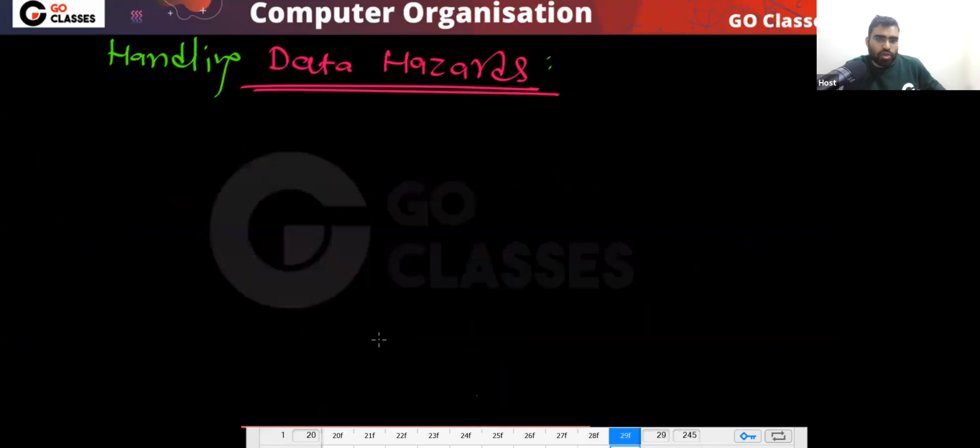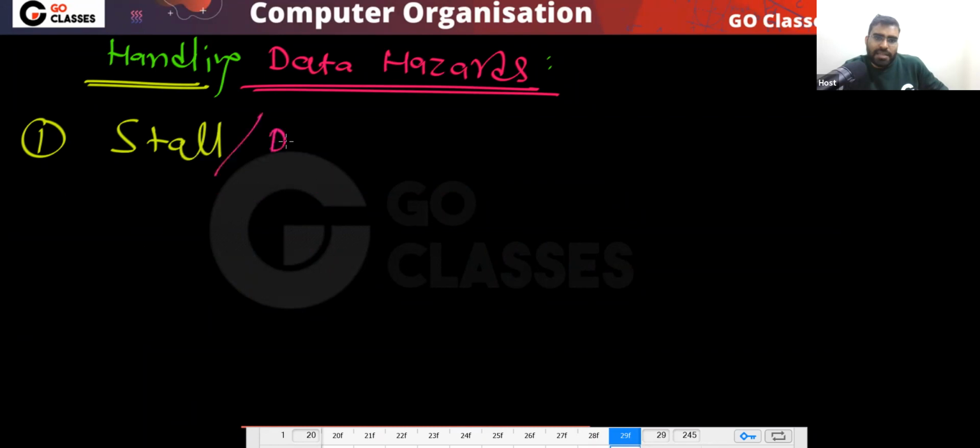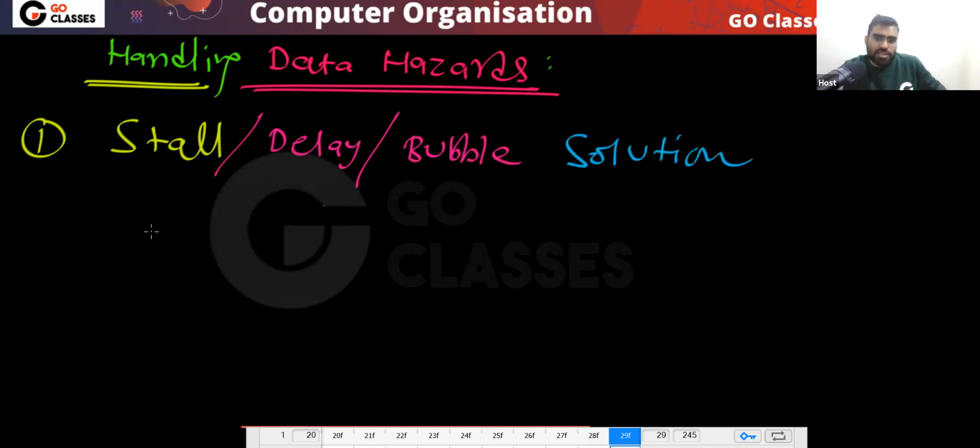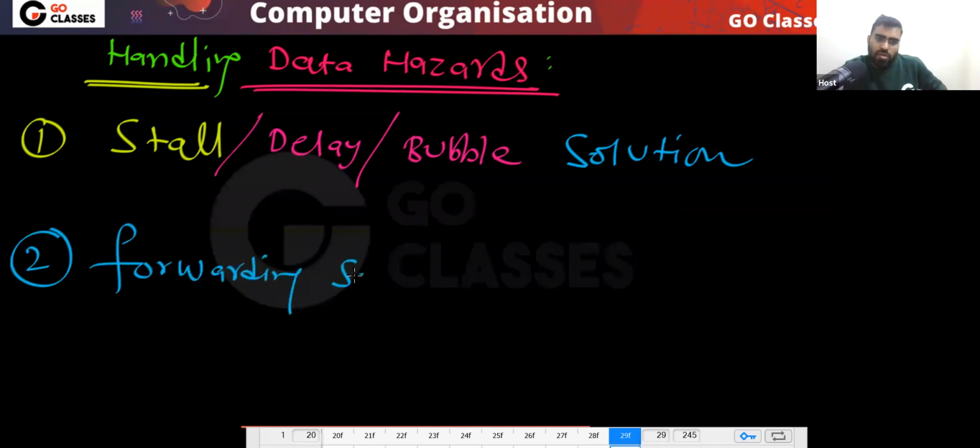Let me explain both of them. Basically, these are for handling data hazards. There are 2 solutions. One is the stall solution. Stall means delay, or you can say bubble. The other is the forwarding solution. One by one, I will explain both of them.